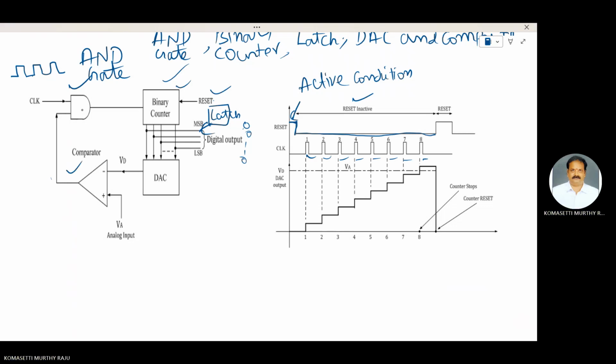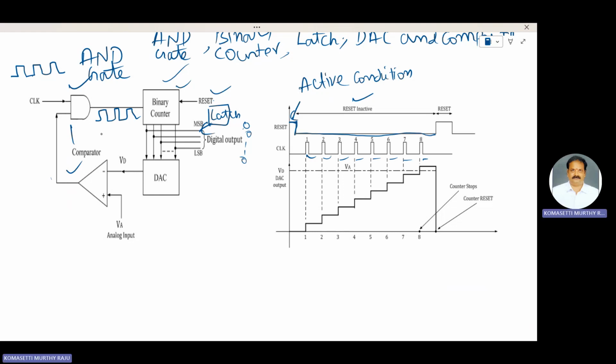comparator. The AND gate is enabled by the comparator when the output of the comparator is 1. The AND gate allows clock pulses when the comparator output is 1.